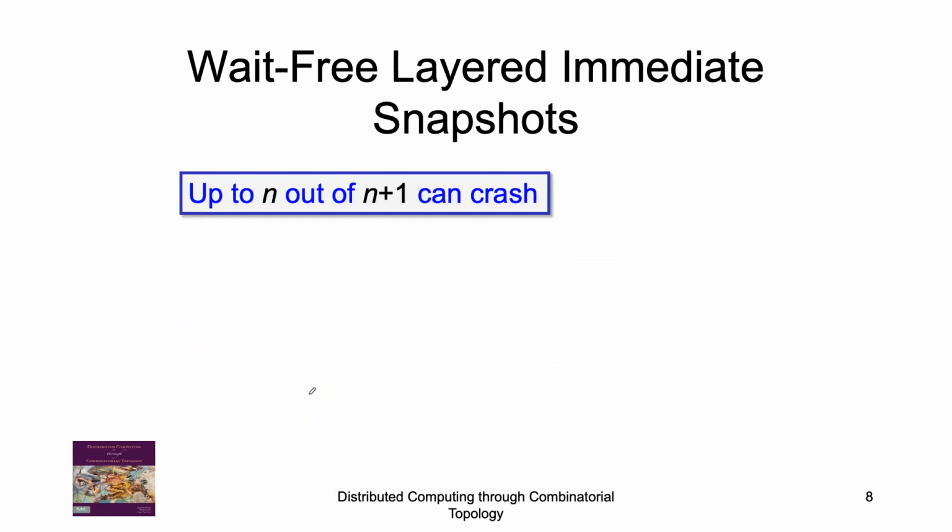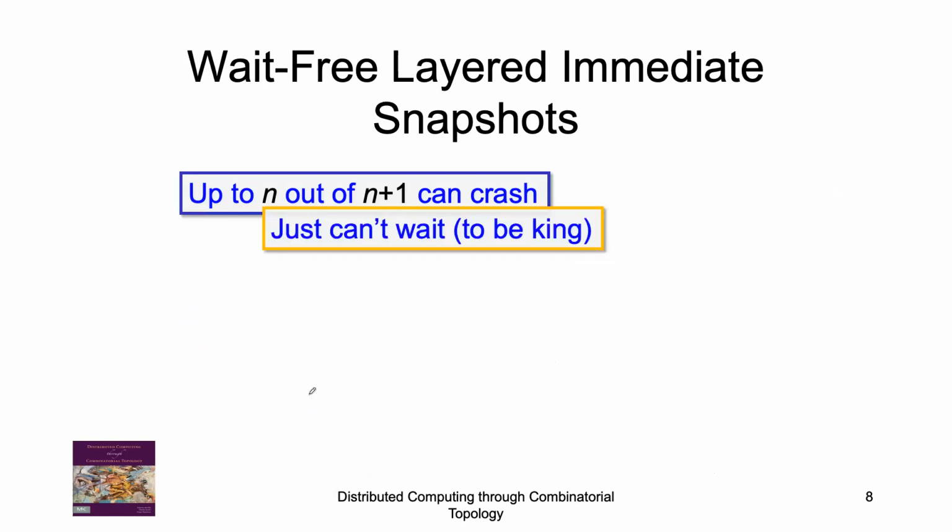Okay. So up to n out of n plus 1 can crash. The regular immediate snapshot model, layers. Every time you reach a layer, you write and take a snapshot. What do you do next? Well, if you assume that nobody is guaranteed to be correct, like everybody can fail, now up to n can fail.